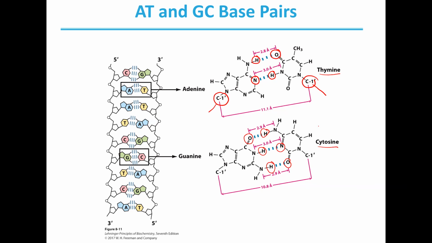Now, I want you to think about why A and T can't form a third hydrogen bond. Look at our hydrogen bonding that's occurring here in guanine and cytosine on our bottom position where we have an amine hydrogen binding with that carbonyl here.